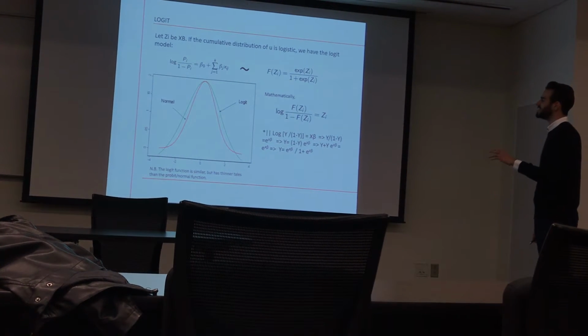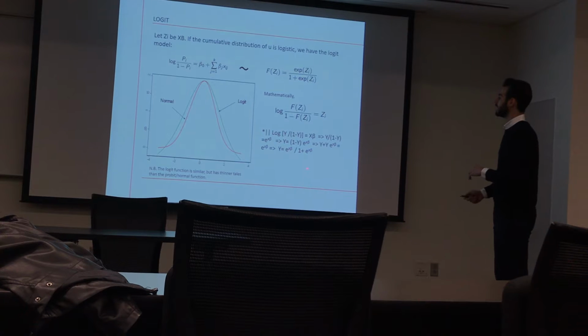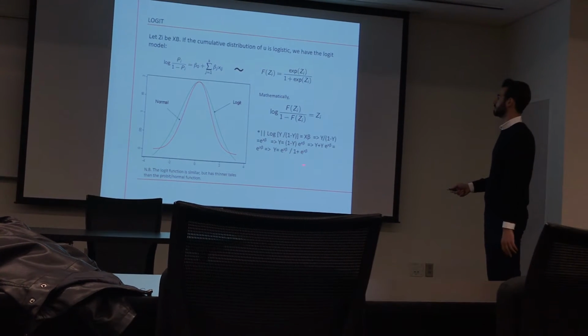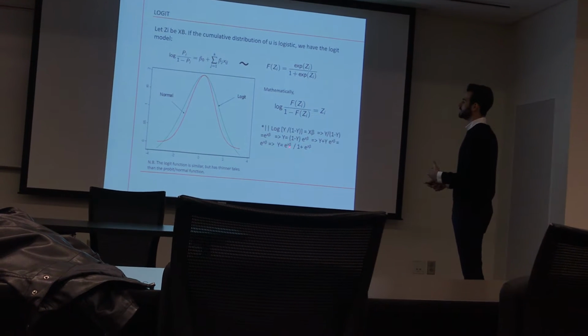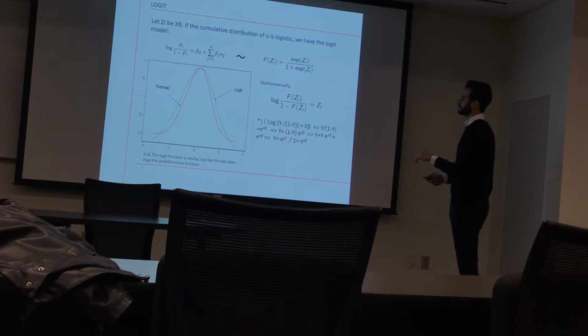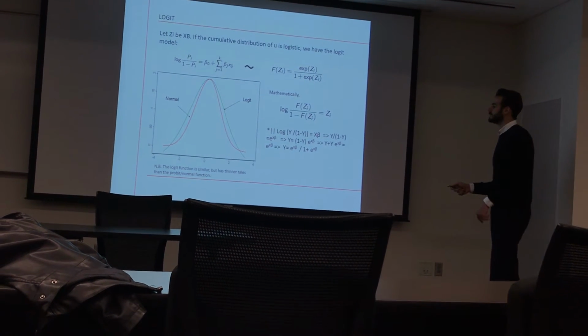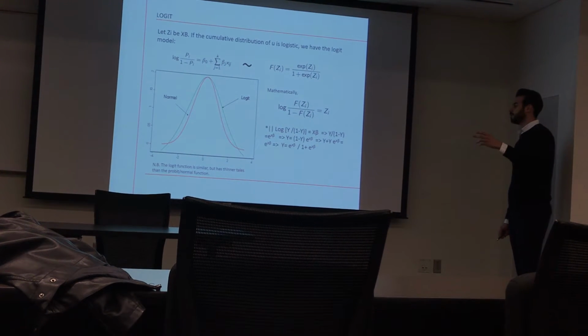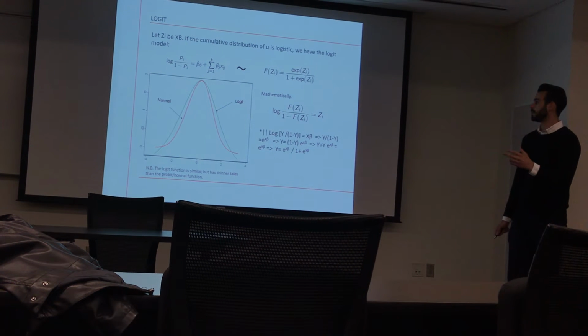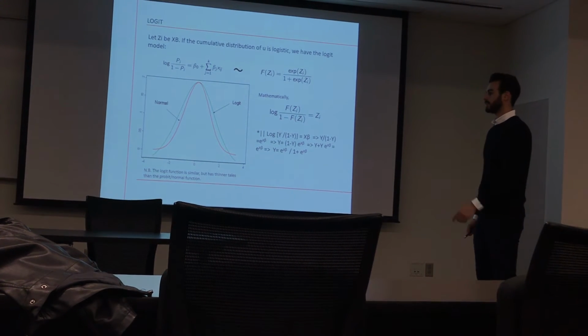By doing some easy mathematical stuff, we can end up with this formula, which is these two. So what do we do? We run a regression, we get this beta, we have this x because it's our data set, and we just plug this number into this function. This function is going to give me my outcome, which is going to be always a probability. So you can go to the next slide.